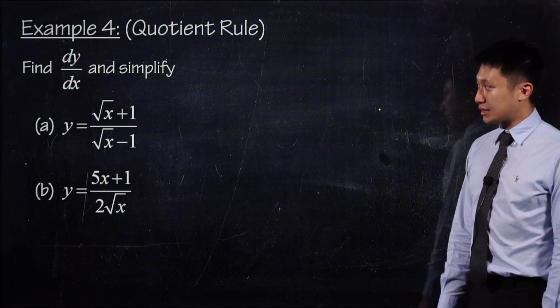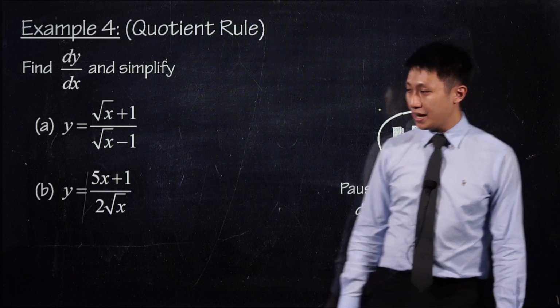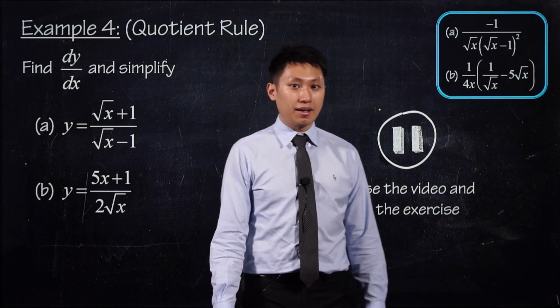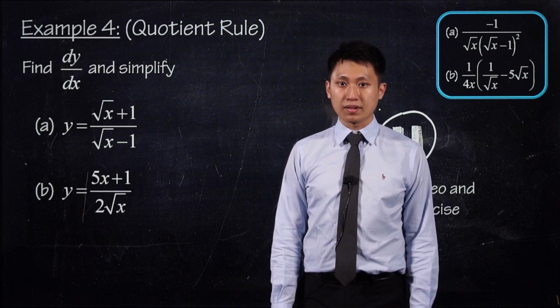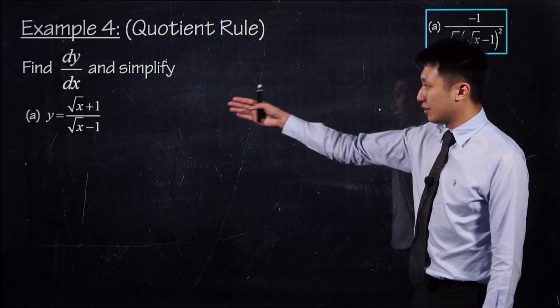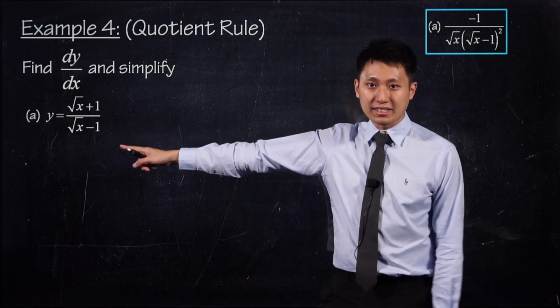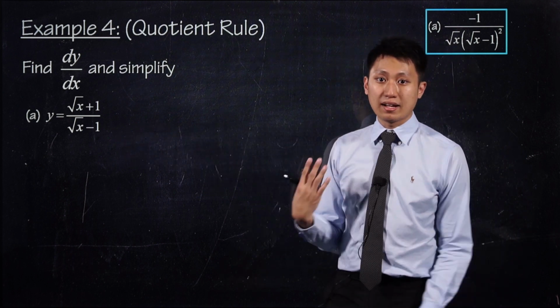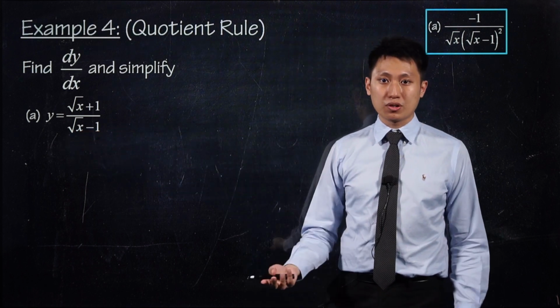Okay, next. You have the quotient rule over here. Pause the video and try it. The answer is given here, and let's move on to try this. This question is nothing special, but again the square root, like I said, always comes out. I have shown you that differentiation of square root x is 1 over 2 square root x.